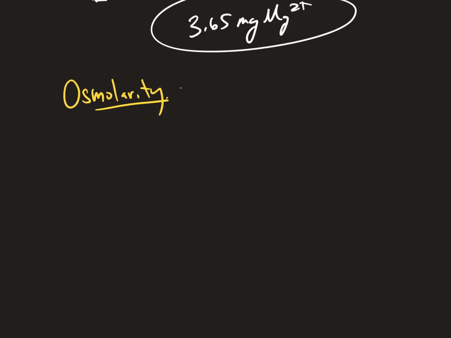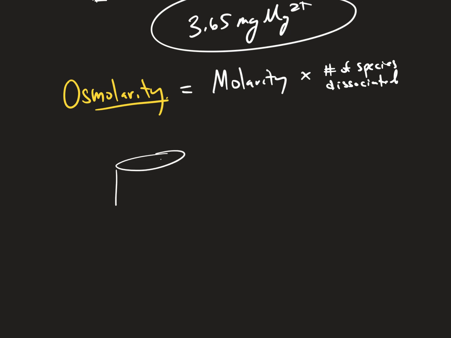So osmolarity is equal to the molarity, so it's still going to be moles of solute over liters of solution, right? Times the number of species dissociated. What does that mean? If we have a container of water and we throw sodium chloride in it, what happens? Do you remember?